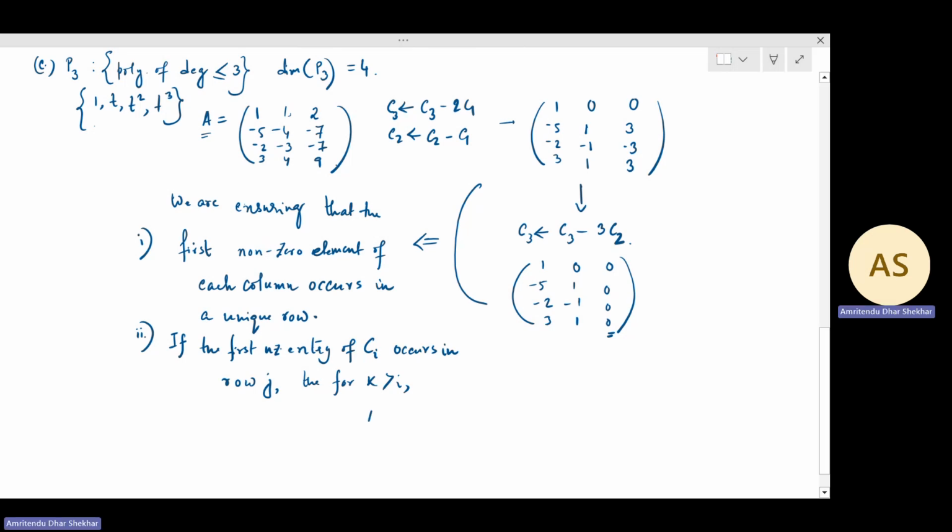That is, a of j comma k is equal to zero.